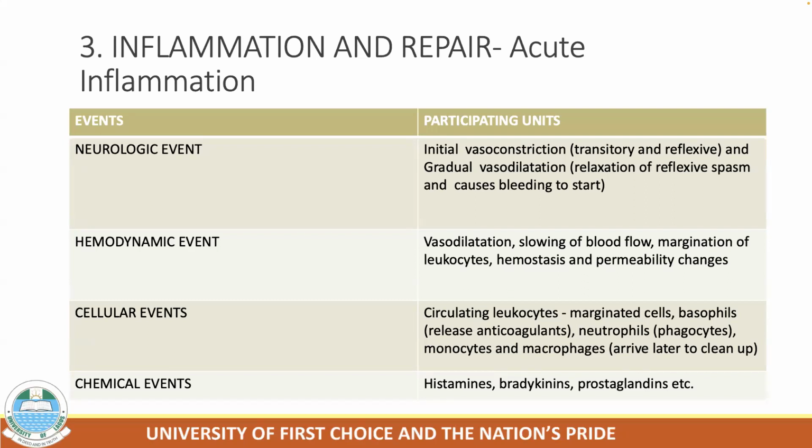The basophils release anticoagulants in the initial phase, trying to ensure that if there's debris or microorganisms that are trapped within the injury, there is enough blood loss to carry out the pathogen before the hemostatic plug is formed and seals up the area and prevents further blood loss, right?